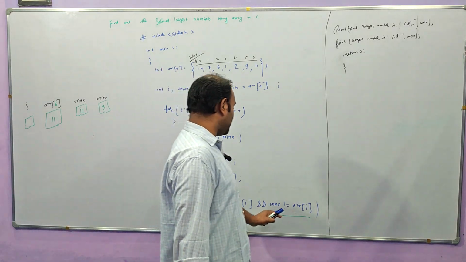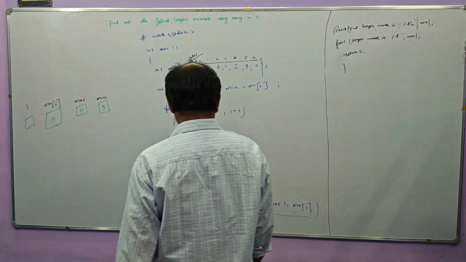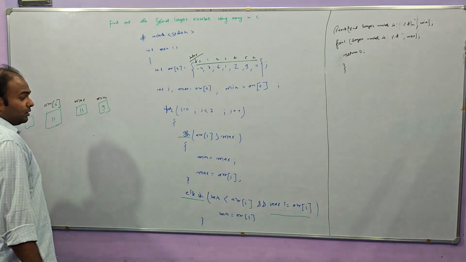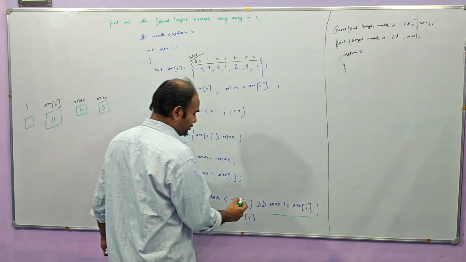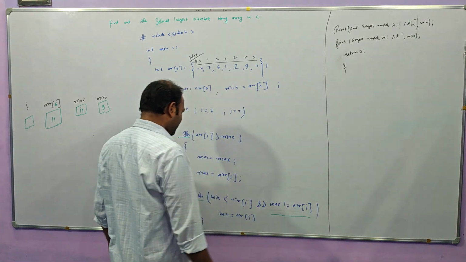Max is not equal to ar[i]. We need to check both conditions in a similar fashion.